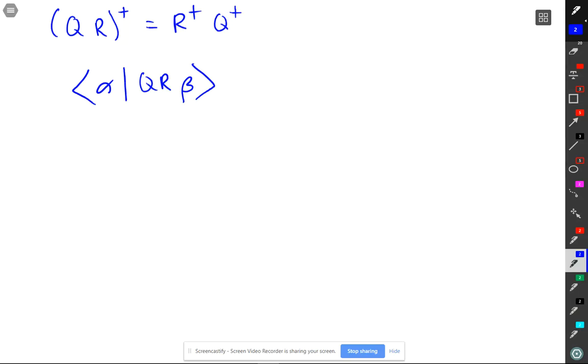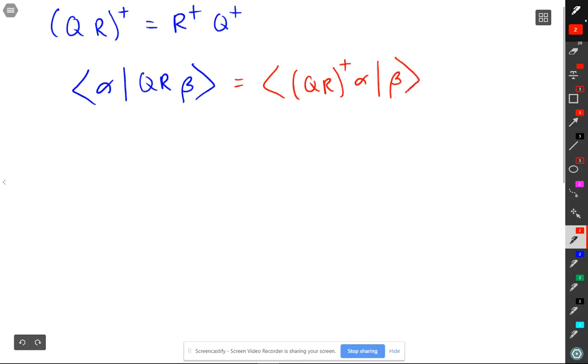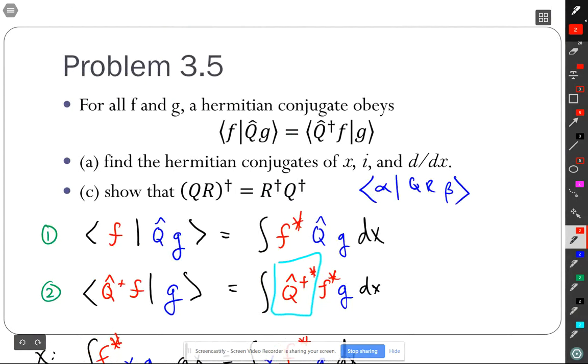So by rule, this should be equal to QR dagger alpha beta. Right, I took the Hermitian adjoint when I moved it from the ket to the bra. That may not have been clear when we had it, but that's what the rule was.